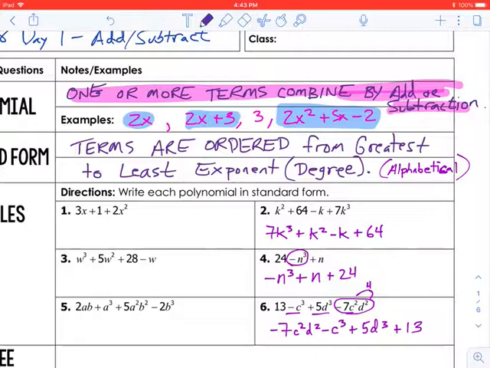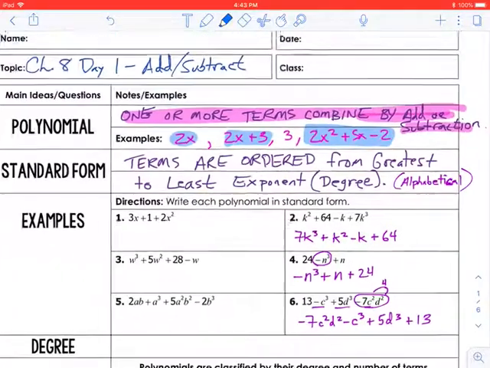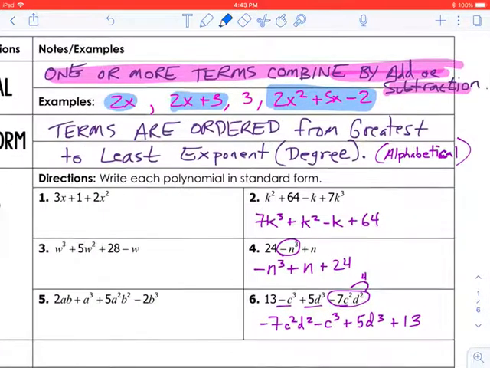So when you look at the next part, it's talking about what standard form is. When it's standard form, that means all the terms are in order, greatest to least exponent or degree. Okay?